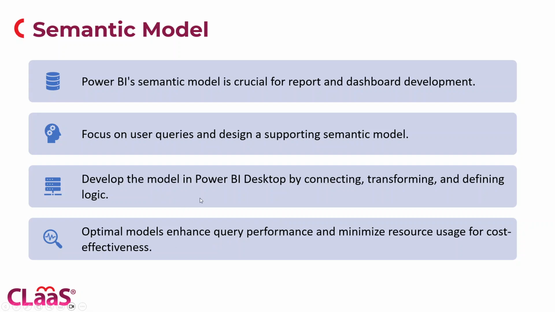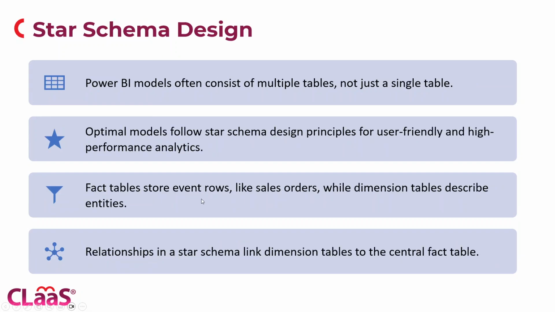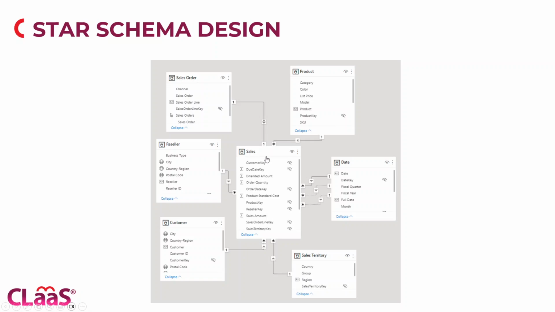Okay. So in Power BI, we have something we call a star schema. A star schema is basically a schema that shows the relationship between one table and other tables, forming a shape like a star. That's why we call it a star schema. Like this, the fact table is sales.